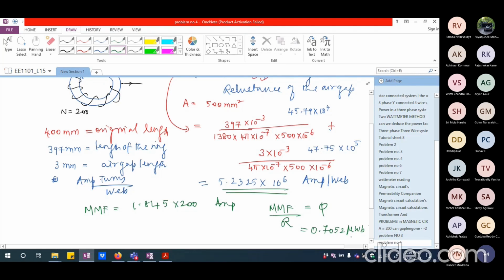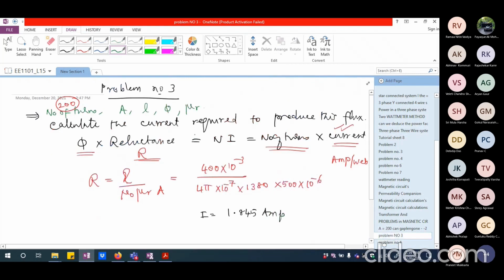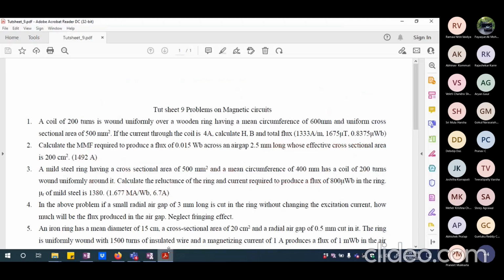So if you look at this, in the last problem, when we looked at the previous problem, that flux that was given, let me look at this also. So the flux that was given in the third problem was 800 microweber.